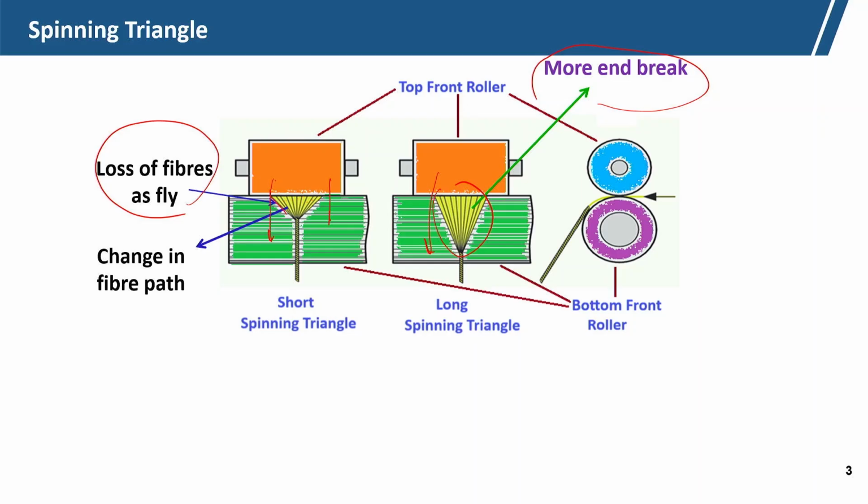So, that is the weakest part. Ideally the spinning triangle should be as low as possible, but if it is very low, then the chances of fiber going into waste as fly become more.